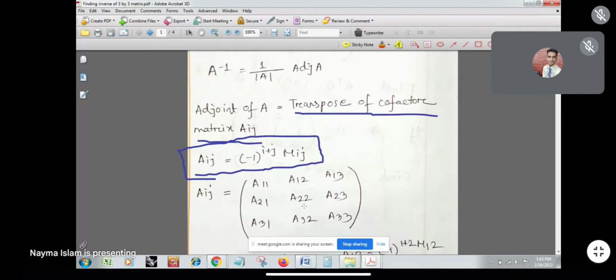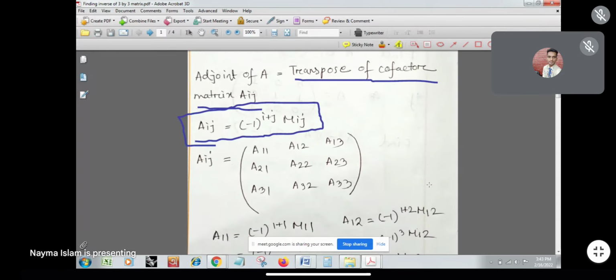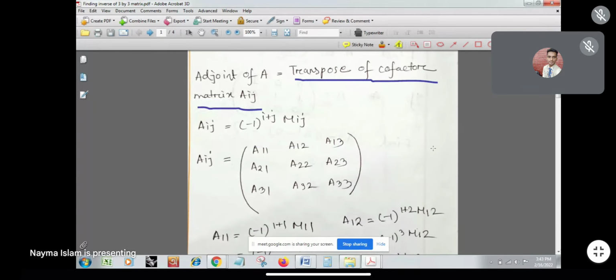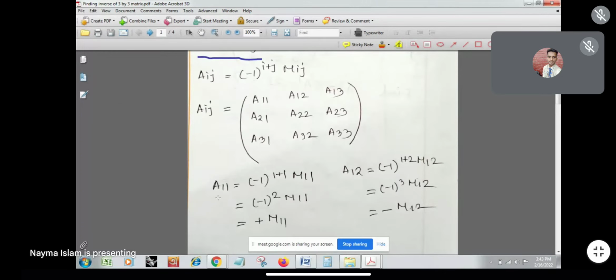Is it clear? Yes, ma'am. Now your task is to find the value of every element using the given formula.